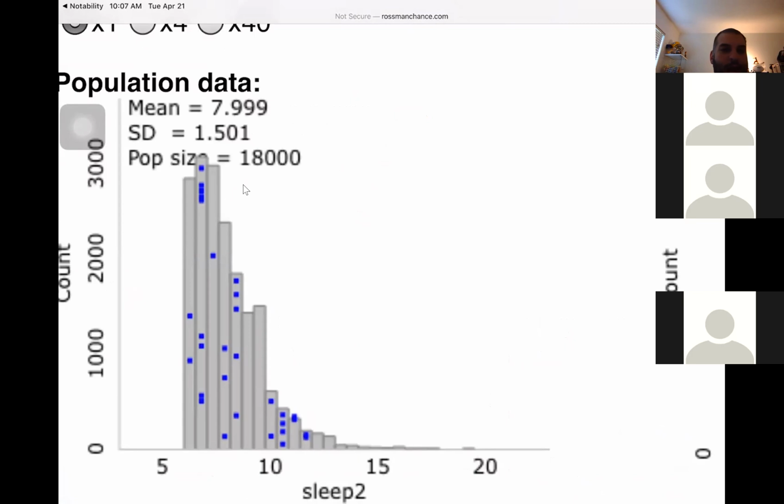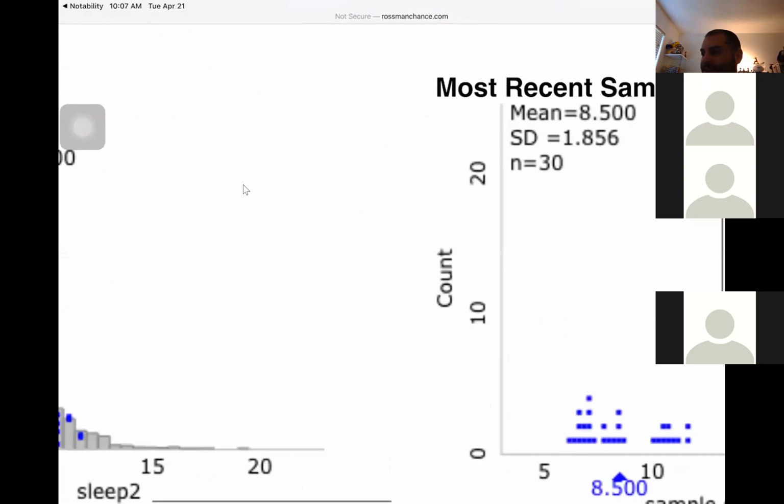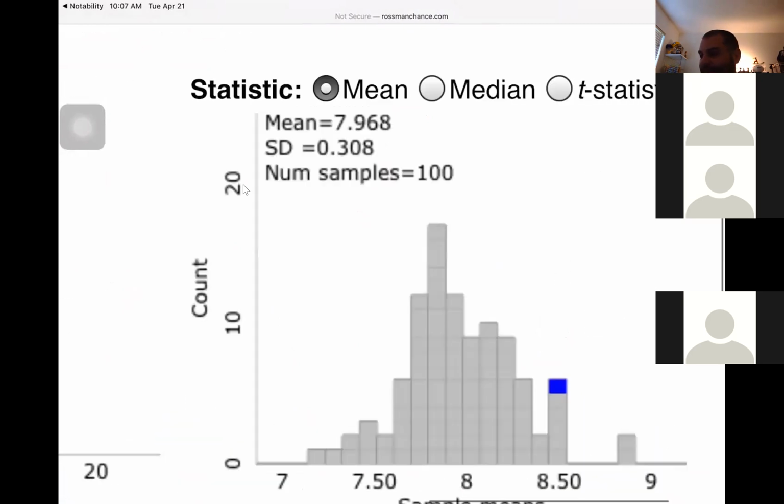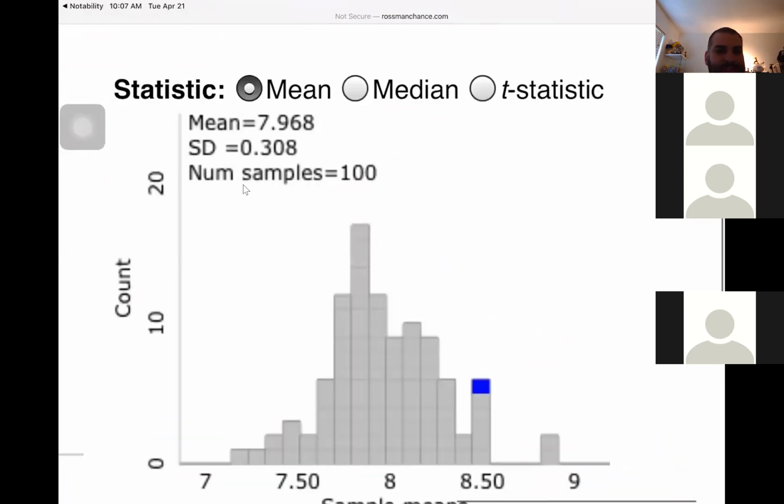But let's see what happened to the distribution that we were randomly selecting. What type of distribution does that one have? Symmetrical. Yeah, it'll be symmetrical, or you could also say a normal distribution. That's something we're going to learn today, called the central limit theorem.